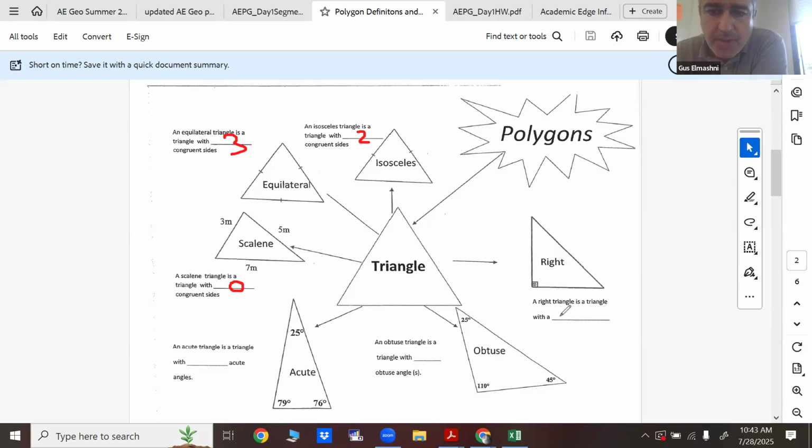A right triangle has a right angle, so 90 degrees, right? Obtuse has 1 obtuse angle, obtuse being more than 90. And an acute triangle has all 3 angles acute, meaning all 3 angles are less than 90 degrees.